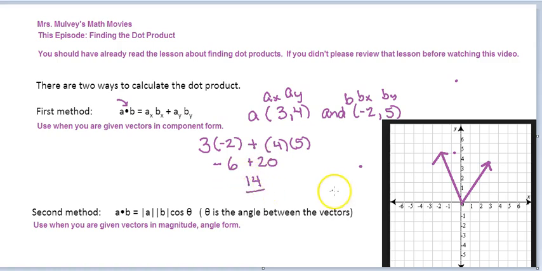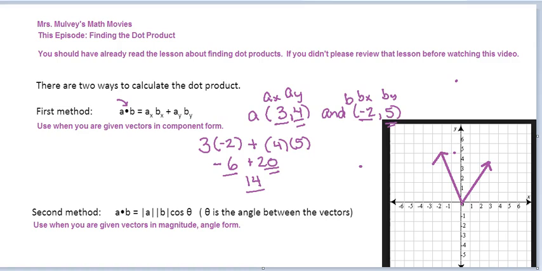And so the dot product of 3, 4 and -2, 5 is 14. So once again, you simply multiply the x values, multiply the y values, and then add. And that's all there is to that method of finding the dot product.